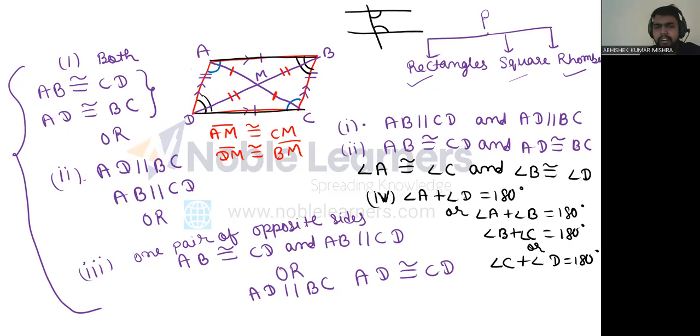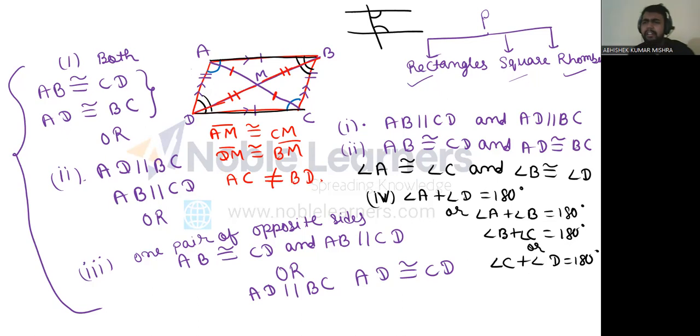One more point, here the diagonals are bisecting each other, but at the same time, the diagonals are not equal to each other. AM is equal to CM, DM is equal to BM, but the diagonals are not equal to each other. AC is not equal to BD.